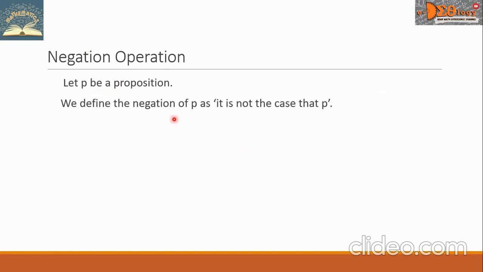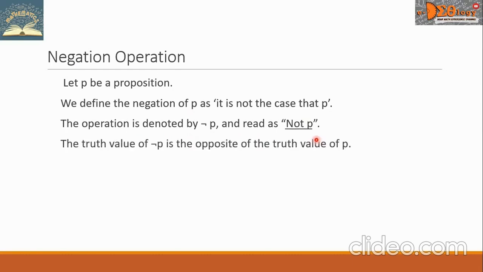We define the negation of P as it is not the case that P. The operation is denoted by minus P and read as not P. The truth value of not P is the opposite of the truth value of P.